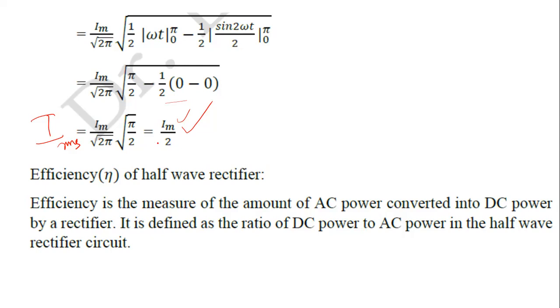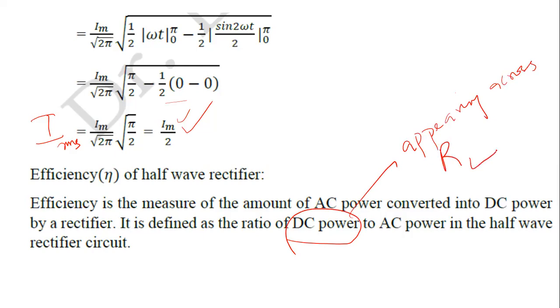It is just the ratio of the DC power appearing across your load resistance to the AC power connected to the circuit.